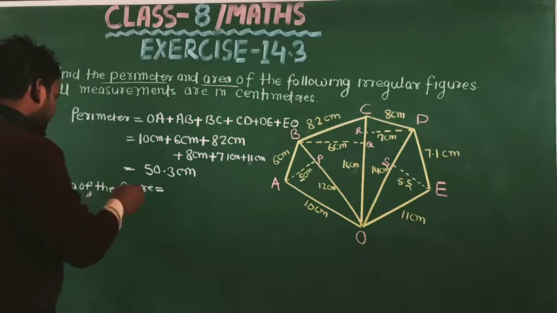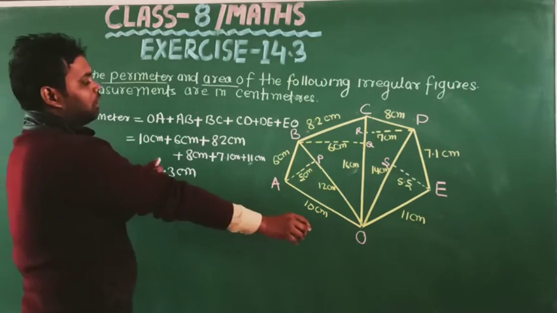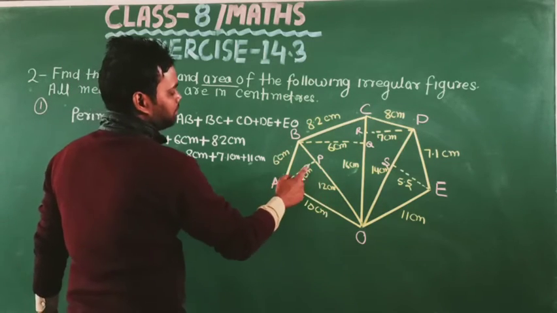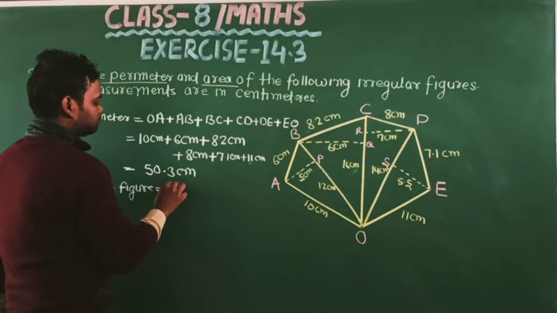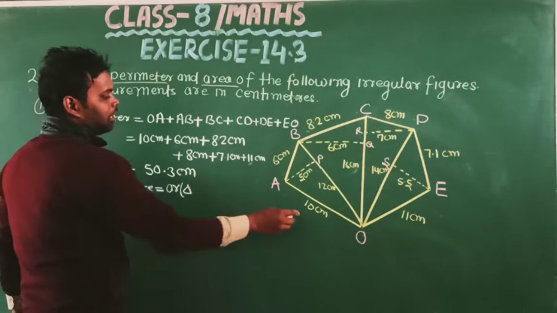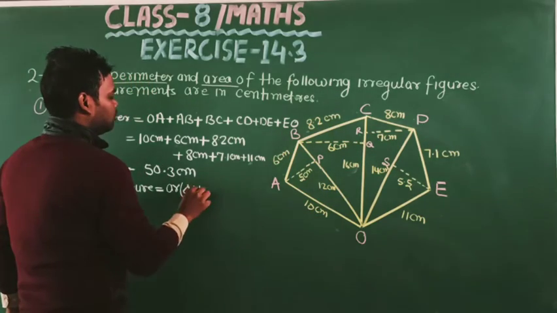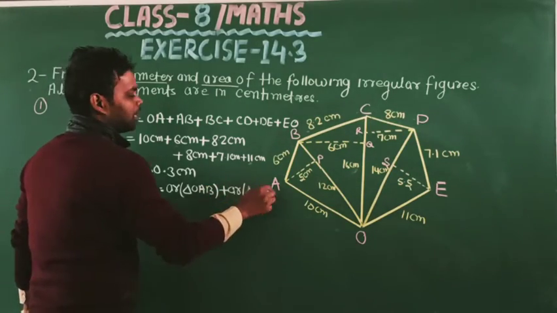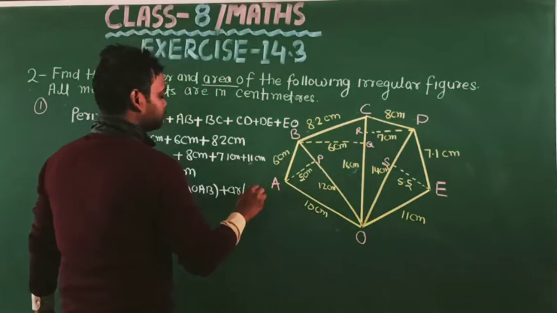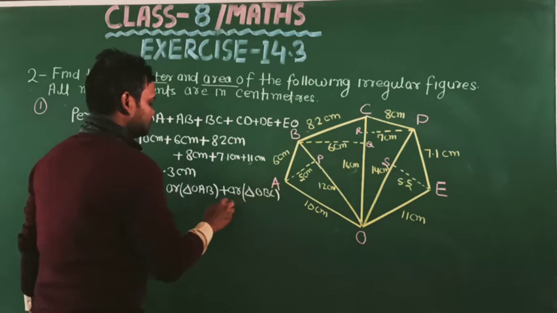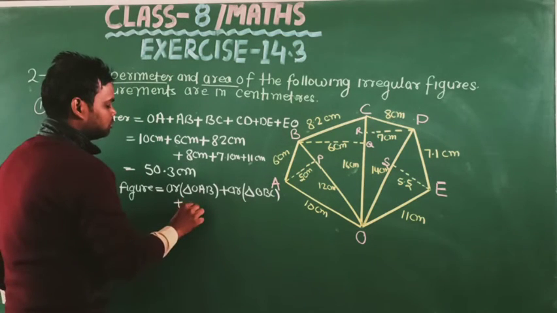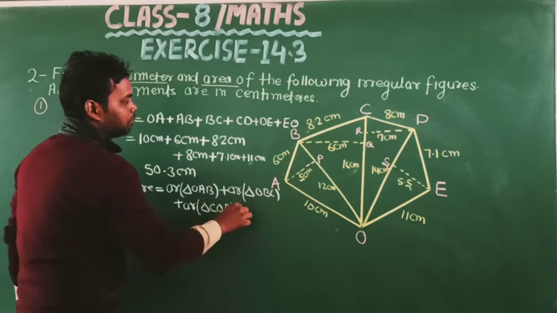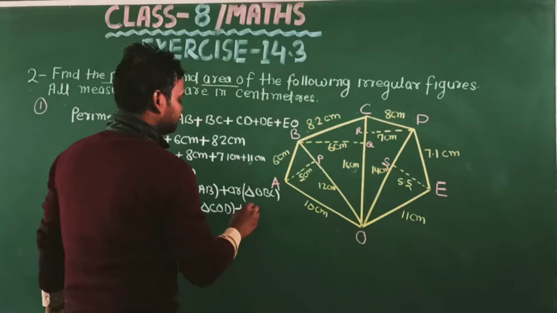So the area of the figure is calculated in separated form: first the area of triangle OAB plus the area of triangle OBC plus the area of triangle COD plus the area of triangle ODE.